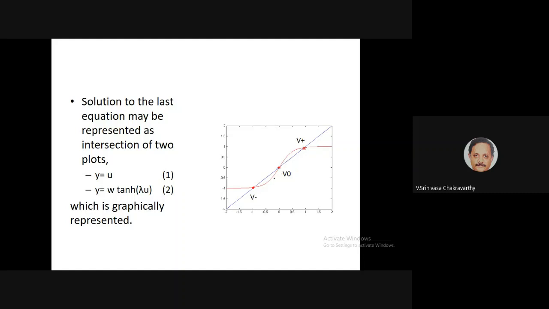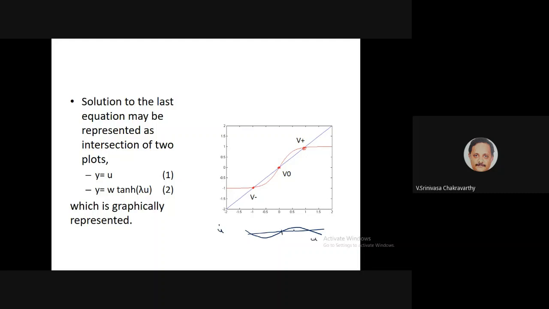So now graphically you can see very clearly what the solutions will be. If lambda is greater than 1, the tanh curve will intersect the straight line at 3 points. And you can easily see that the difference of these two will look something like this. Your u dot as a function of u will look something like this.